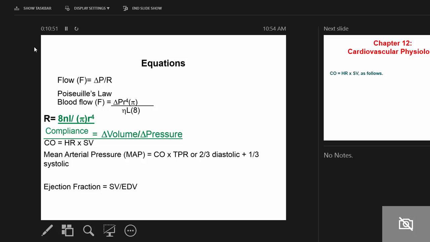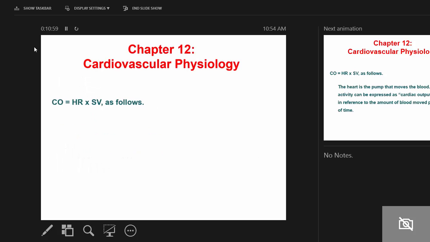All right. Good. Thank you for reminding me about that. All right, so let's move on. Any questions on that? So these you just got to memorize starting today. So cardiac output equals heart rate times stroke volume. Cardiac output is another measure of how strong your heart is. The ejection fraction is one way of doing it.